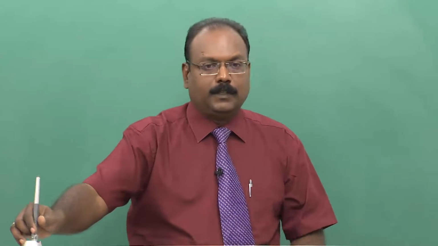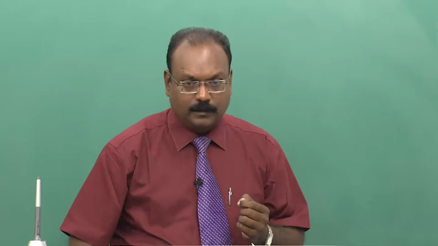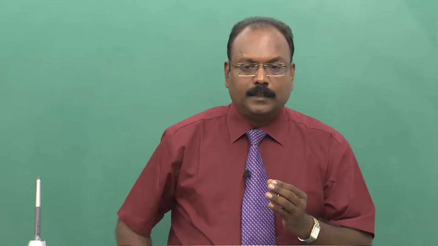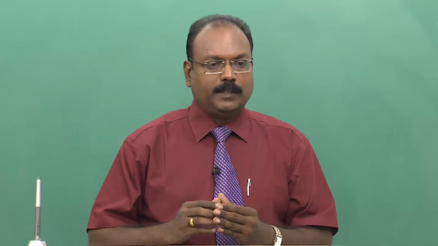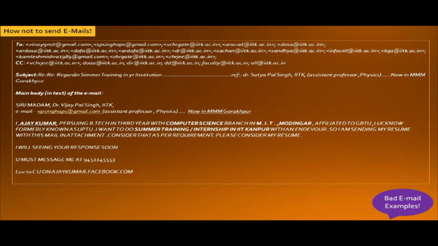Now, let us look at some more examples that will make you understand what I mean by sending good emails. Now, look at this, perhaps one of the worst emails that I got, and it has almost everything that is wrong. Everything that I want to teach you, I can teach only by discussing this email.